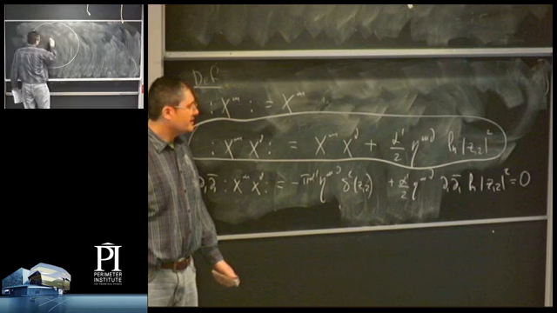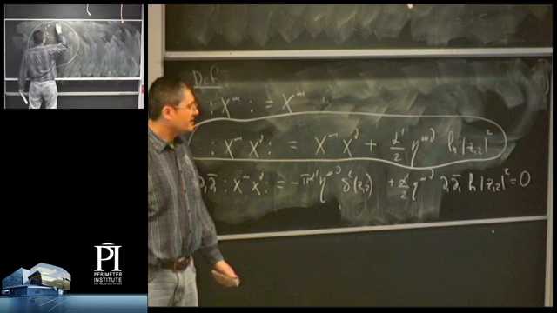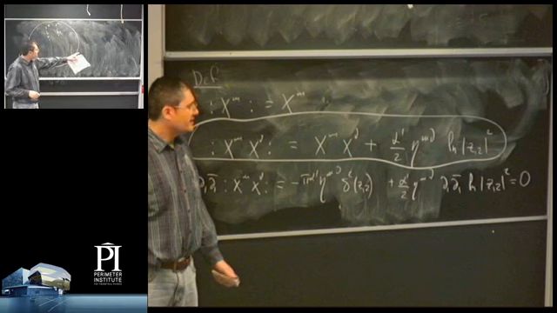What I'm doing is inserting two operators, one at z1, the other at z2. Here we inserted X mu, here we inserted X nu, and then we derived some normal ordering product.